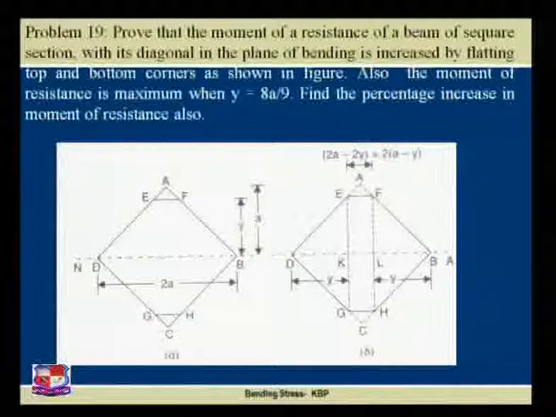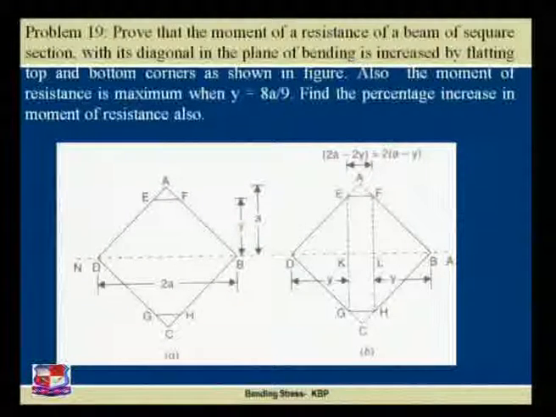These problems you have to solve at your home. We will discuss much more in the next class, but please understand the data which has been given to you and what you have to do. In this figure, a square section is given in which the diagonal is vertical.